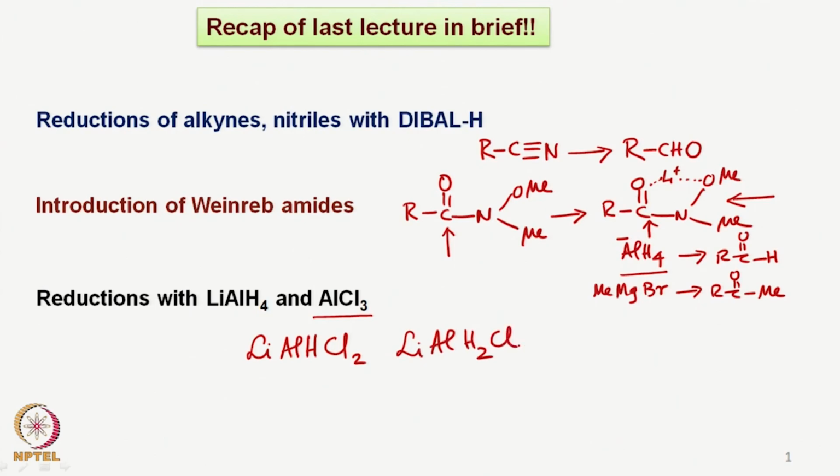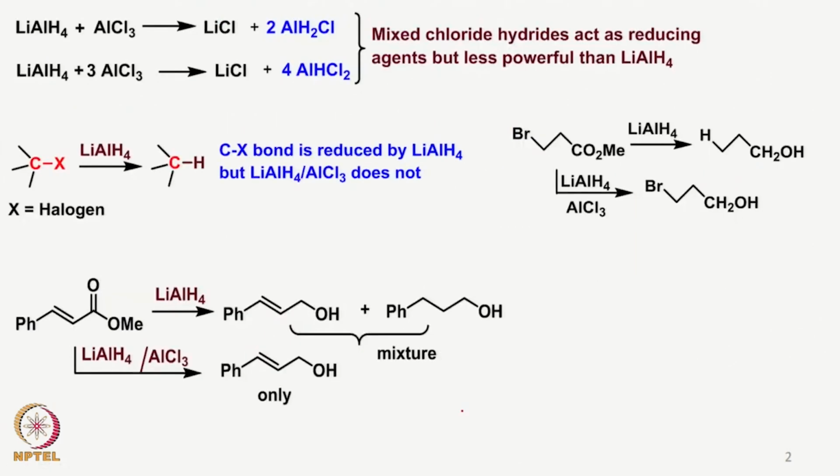Because of the electronegativity of the chlorine, the reducing power of the lithium aluminum hydride, which is now modified to having one hydrogen or two hydrogens, or two chlorines or one chlorine, is reduced, and accordingly the selective reductions can be carried out. What selective reductions can be carried out is something that we can look at once again today.